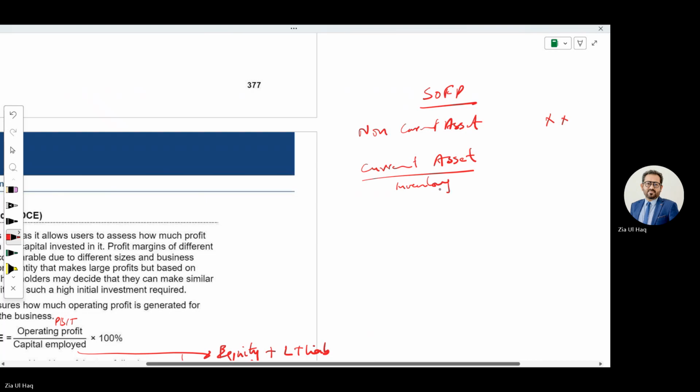Inventory, receivables, prepayments, cash in hand or bank. If we add all these four, we arrive at total current assets. And if we add both the assets, we arrive at total assets.